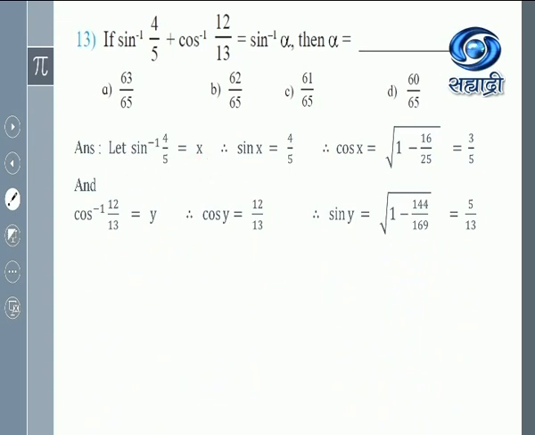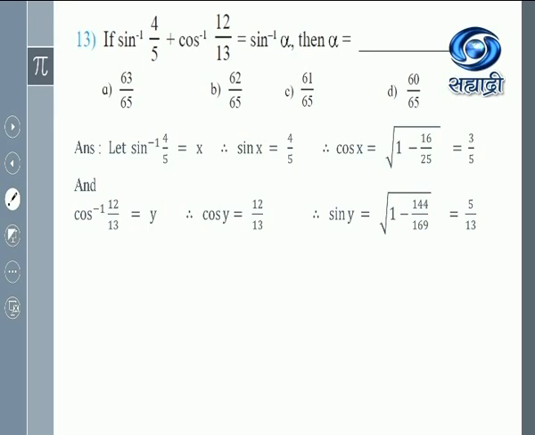Again the same thing. Sine inverse 4 by 5 is equal to x. Therefore, by definition sin x is equal to 4 by 5. Here no need to write x is less than pi by 2 and greater than 0 and cos x is positive, because nobody is going to check by which method you are getting the answer. The examiner is interested only in the correct answer.